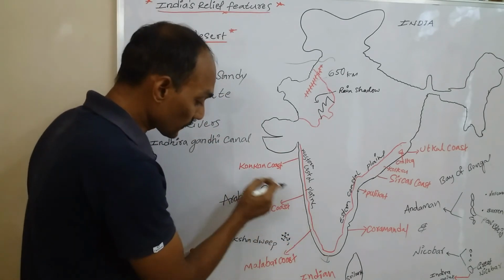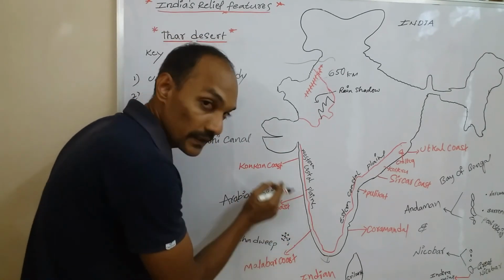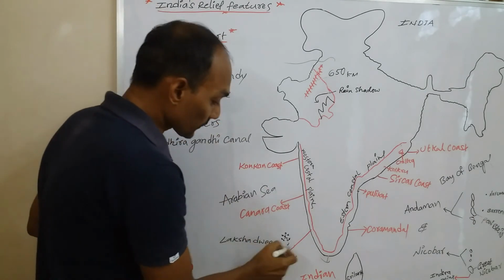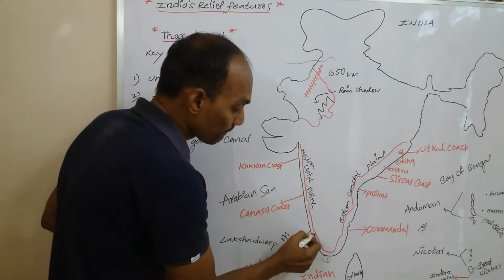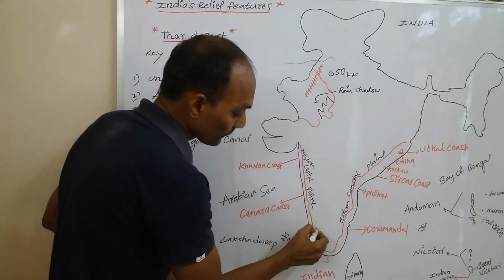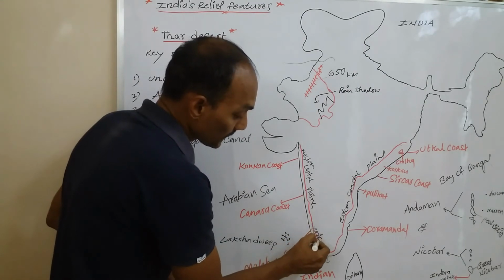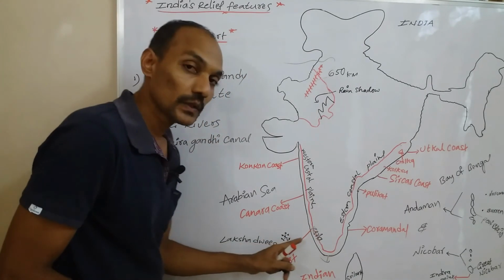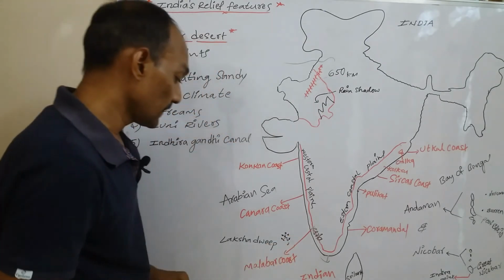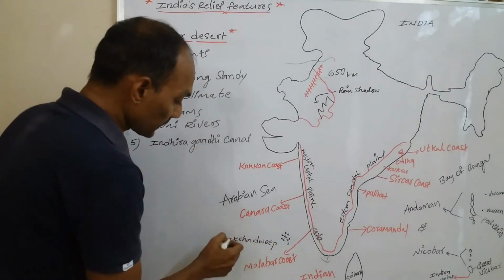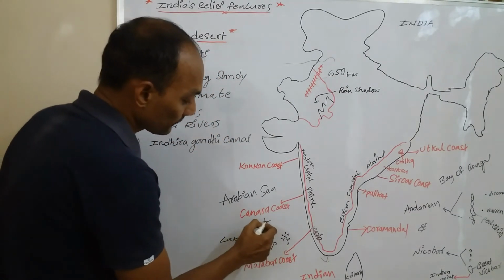That's why the Lakshadweep islands are coral reef originated. They are very close to Kerala. Lakshadweep's capital is Kavaratti.